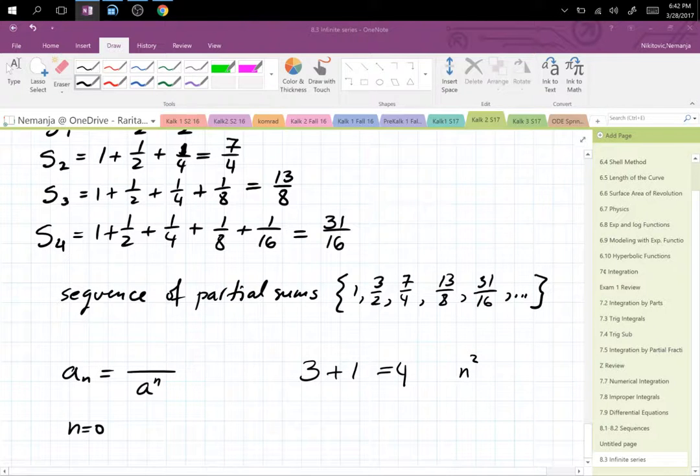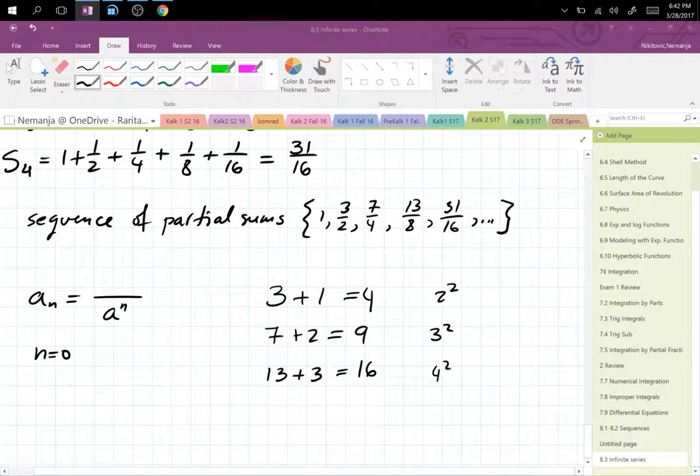I also see that 7 is 2 away from 9, so if this was 2 squared, then this is 3 squared. Then 13 is 3 units from 16, which is 4 squared.